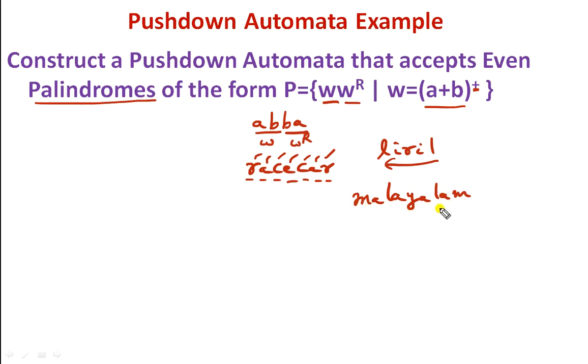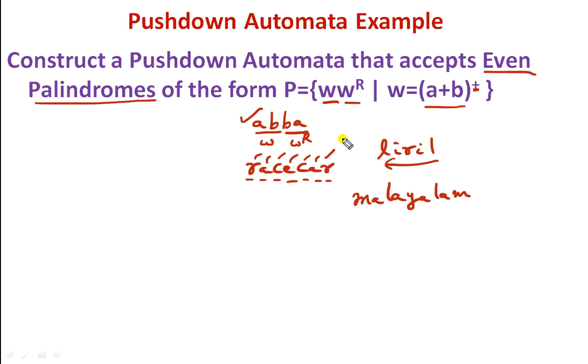Like that, there are several strings like that. However, here the problem definition says that we need to consider even palindromes, not odd palindromes. Even palindromes means the total number of characters must be even, not odd. So if you consider A, B, B, A, then it is an even palindrome.